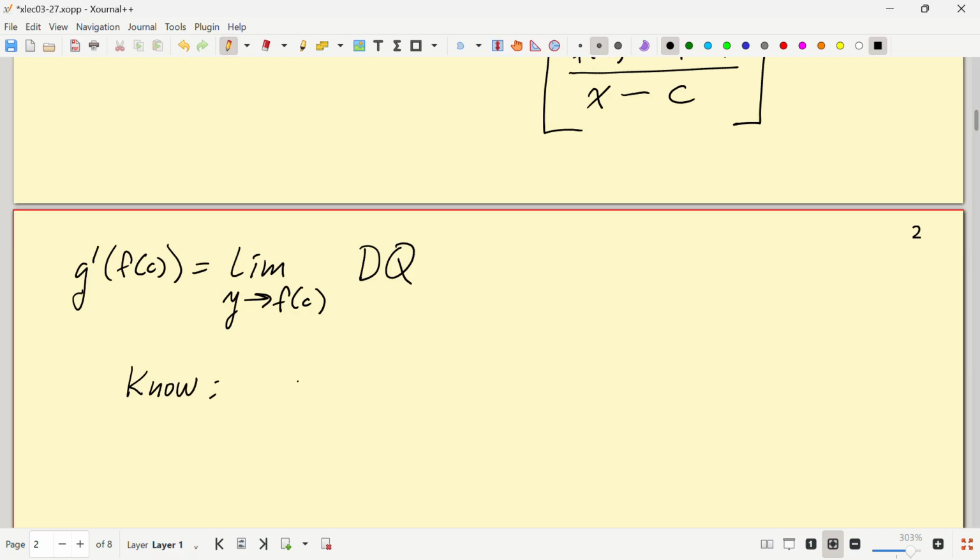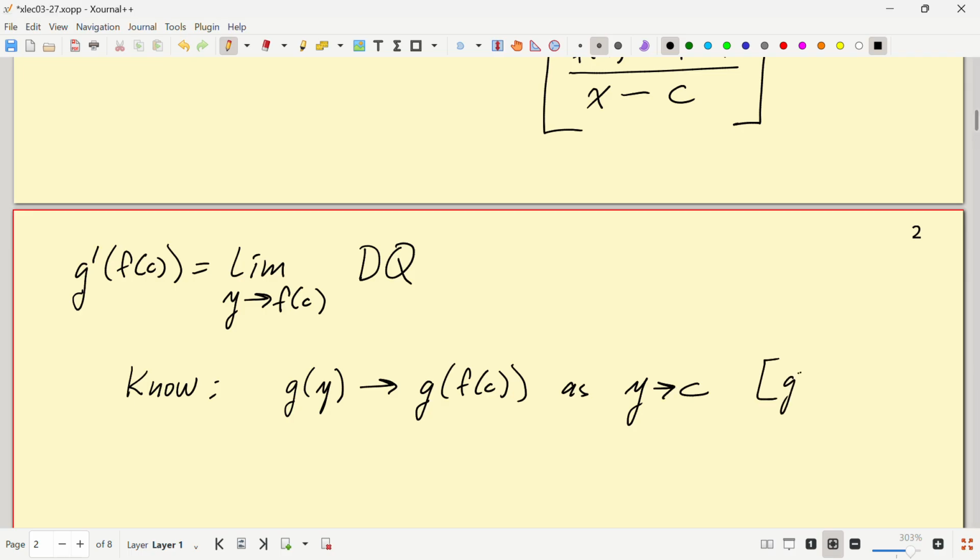The inverse is continuous, so I know that G of y tends to G of f of c as y tends to f of c, because I know that the inverse G is continuous. That's the hard part in the proof.